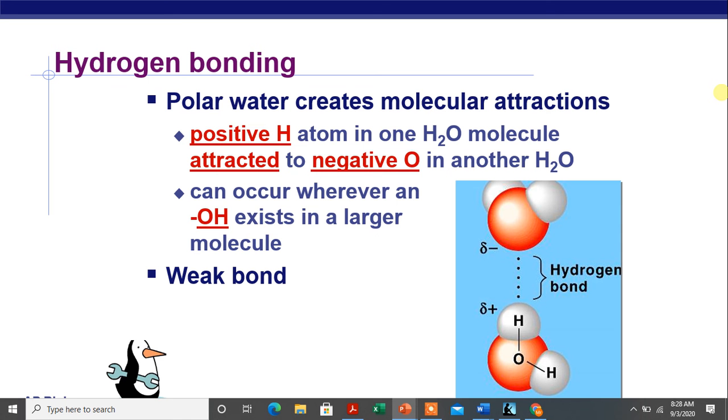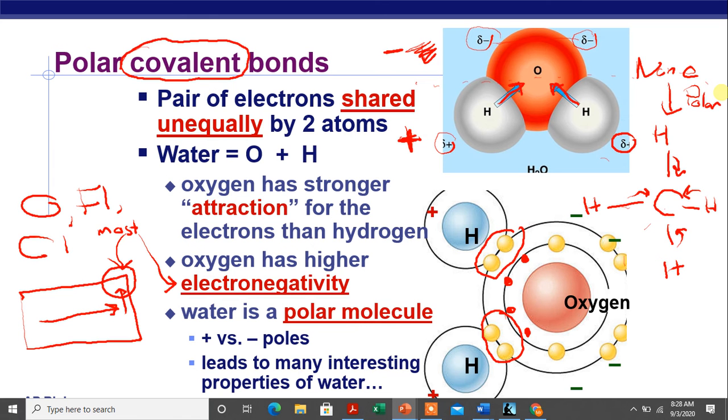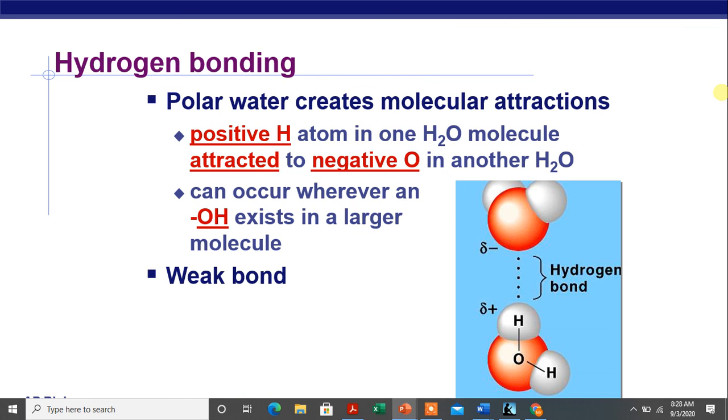Oh, sorry. And then lastly, before we are able to move on to next time talking about the properties of water, the reason why I spent so much time on polarity is because it gives rise to hydrogen bonding, right? Hydrogen bonding is when polar water molecules create attractions between each other.